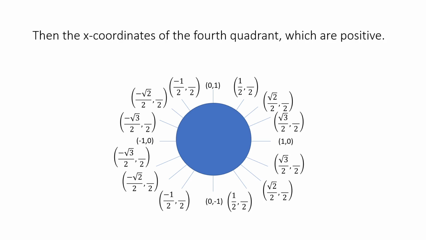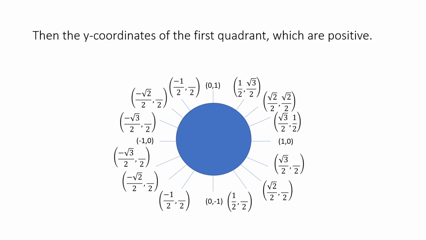They're positive. Okay, well now take a look at the y coordinates in quadrant 1. The y coordinate that's labeled 1 over 2, that's the one that's the lowest. And so that's the one that's got the 1. Now the next one up has got the root 2, and the next one up's got the root 3.